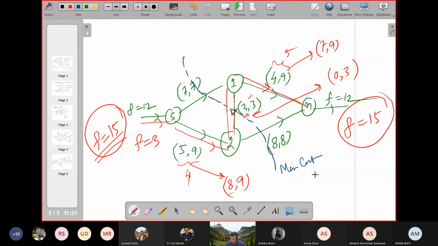And what is the cut capacity for this? 7 plus 8, which is 15. This arc is from S bar to S, so we are not considering it, right?